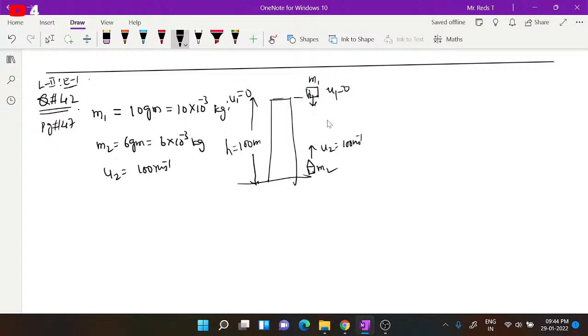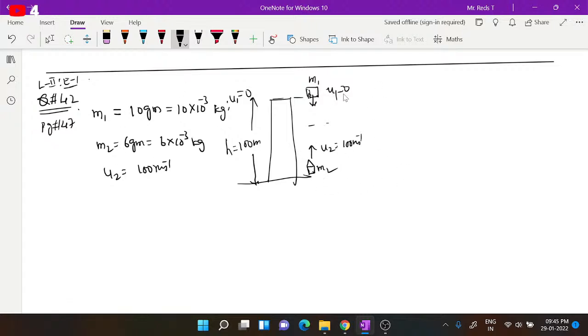To understand that, let us consider that they will meet after some time t. What should be the final velocity of m1 and the final velocity of m2, and which will have the larger velocity at that moment? To find the final velocity, you have to use the relative velocity concept.